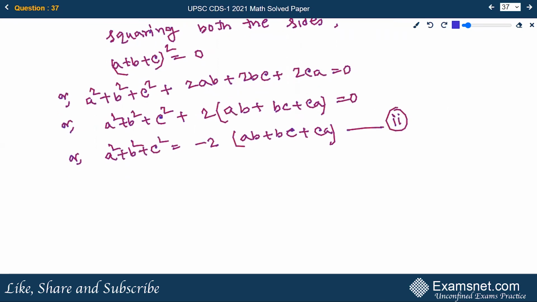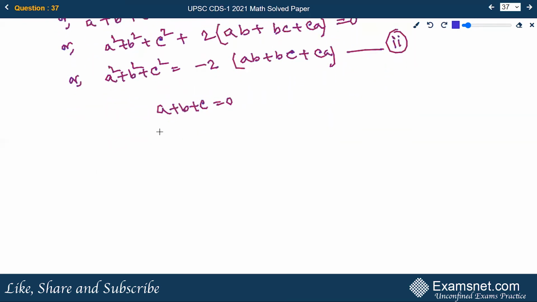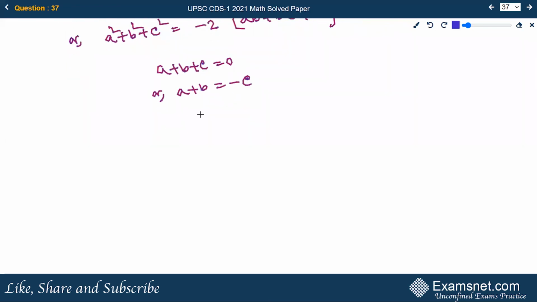Okay. Now further, from A plus B plus C equals to 0, I can write A plus B equals to minus C, correct? Now cubing both the sides. If I cube both the sides, it will become A plus B whole cube and minus C cube.